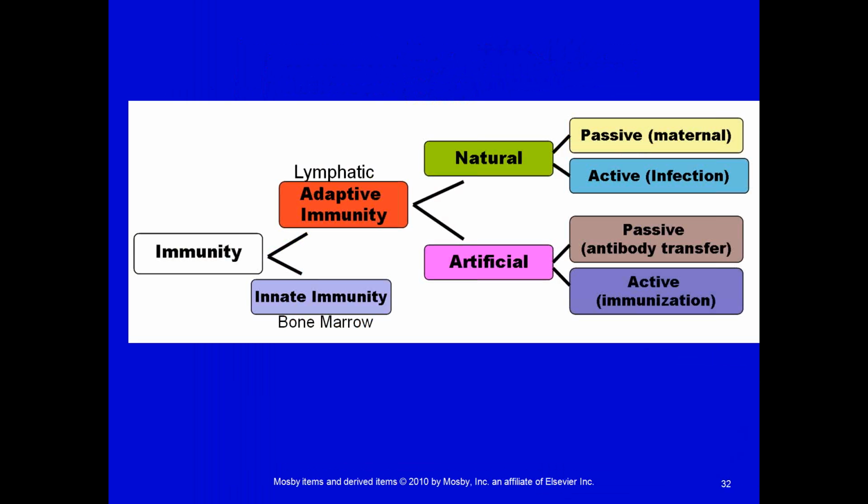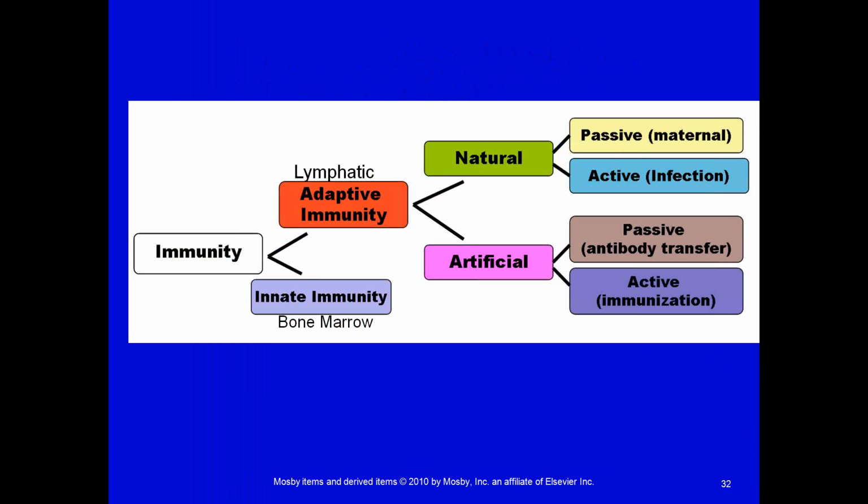So this kind of gives you an example of the different types of immunity that your body has. You have lymphatic or adaptive immunity. You have innate or bone marrow immunity. So bone marrow and lymph nodes and lymphatic tissue are your first line of immunity.